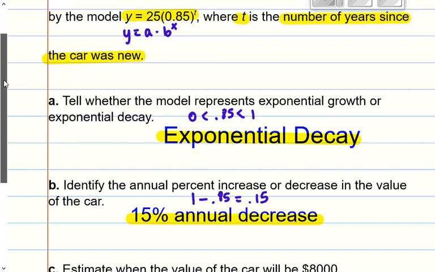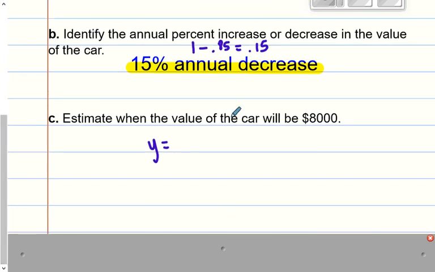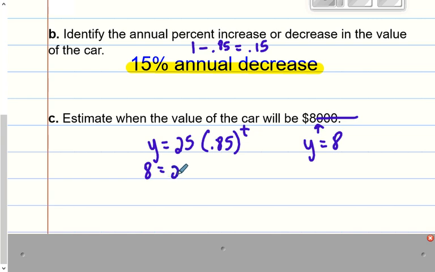Y equals 25 times 0.85 to the T. And it said Y is the value in thousands. Well, if this says 8,000, I only want to take the 8. So I want Y to equal 8 because it's in thousands, and I'm going to plug that in right here. So 8 is equal to 25 times 0.85 to the T.